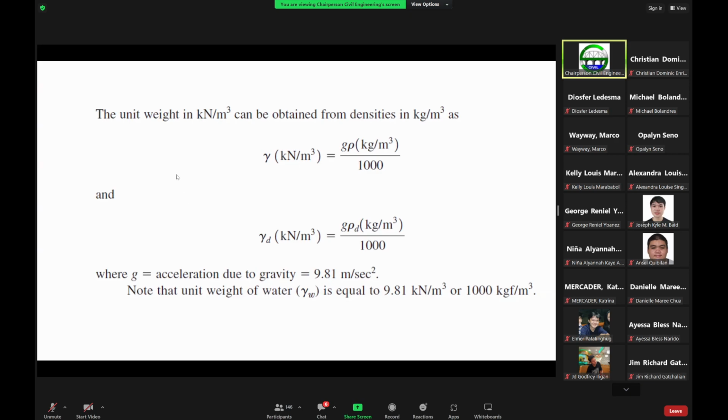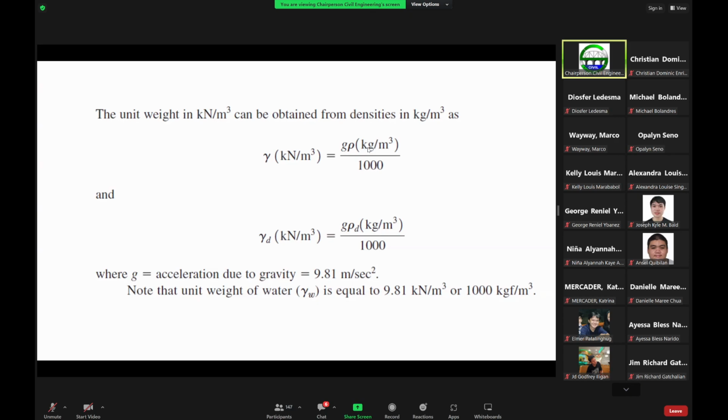So again, the unit weight is in kilonewtons per cubic meter, and this can be obtained from densities, if you have the densities in kilograms per cubic meter. So if you have the density rho in kilograms per cubic meter, you multiply that by the acceleration due to gravity.